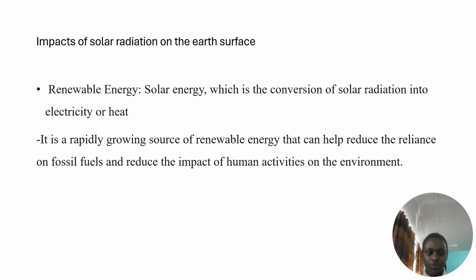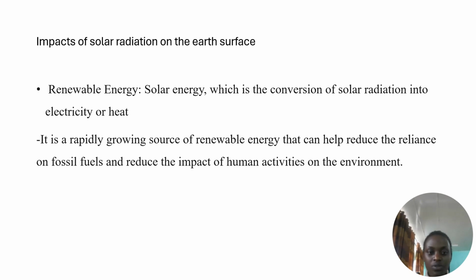Let us move on to the impacts of solar radiation on the Earth's surface. So we have seen how solar radiation acts, and the definition of solar radiation. Now we are going to see the impacts of solar radiation on the Earth's surface.